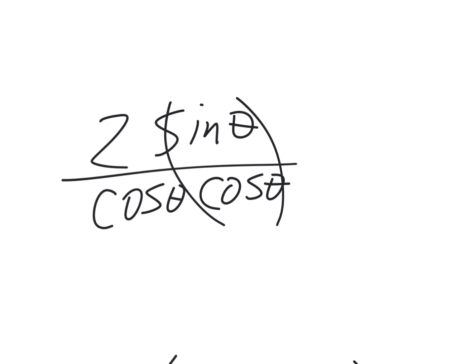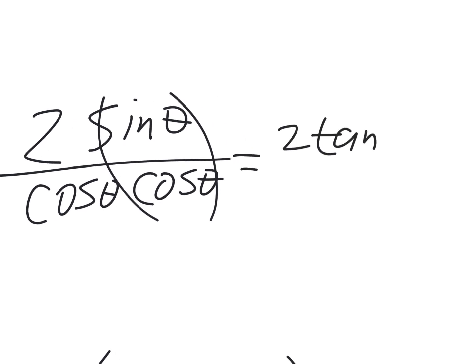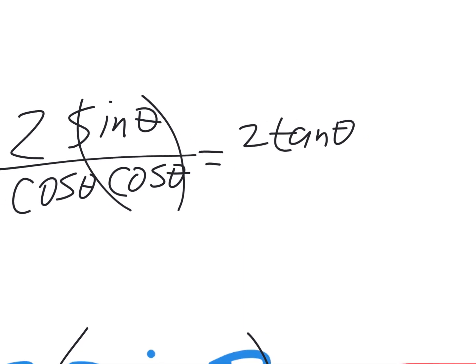So then this is 2 tangent, but the cosine that is left is still on the bottom. Can I leave it with a function on the bottom? No. Cosine is the same as secant. No, it's not. It's the sister function of secant. So this is like 1 over secant. And so that means my final answer can be 2 tangent secant.